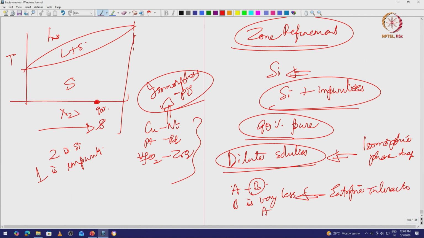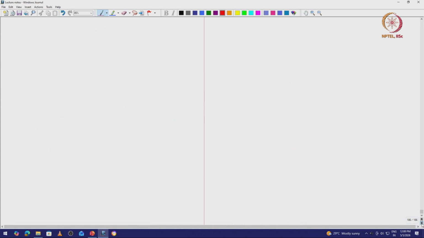So A bonds are so large, so many in number, and AB bonds are very less, that enthalpic differences do not matter.